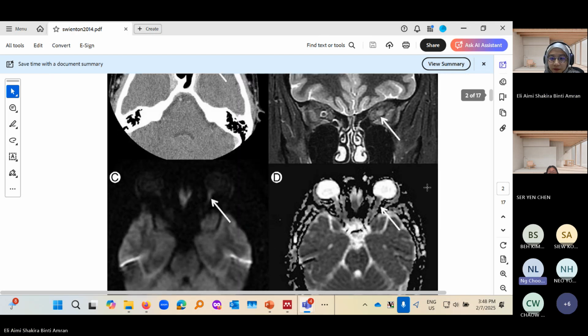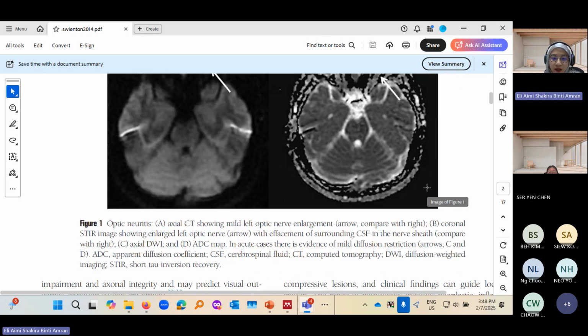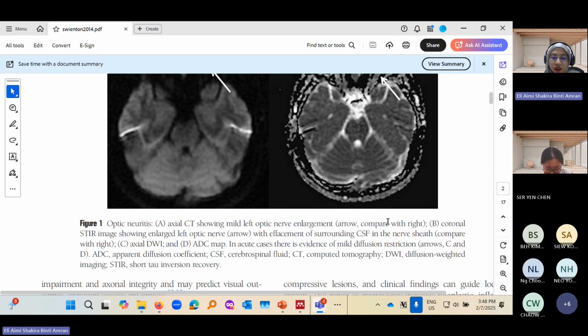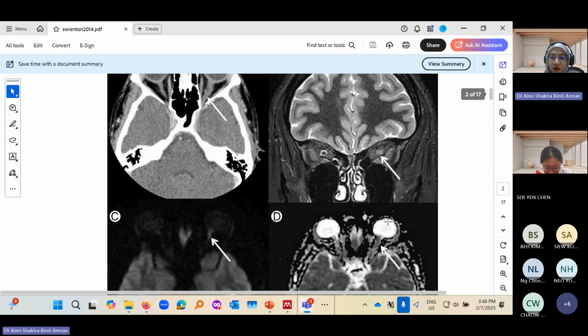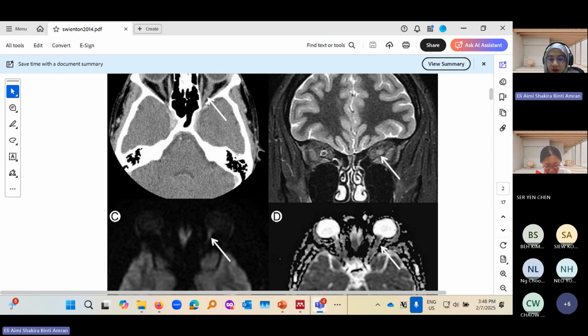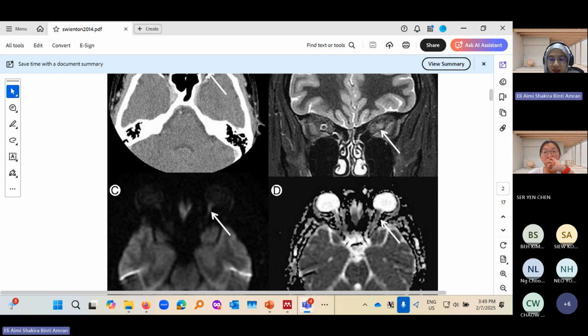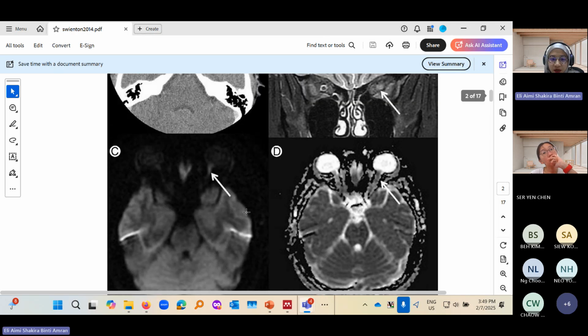Okay, and then B is a coronal image showing an enlarged left optic nerve as well. This is the optic nerve right, this is the optic nerve left. Basically it's a swollen optic nerve, right?